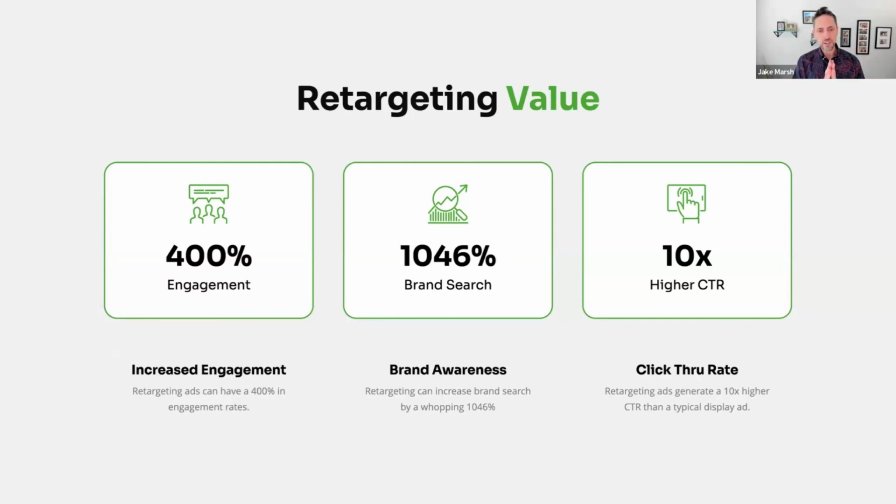Brand search, we see over 1,000% increase in brand searches, meaning people searching for a brand. That is a great way to get awareness in your market. Click-through rate also goes up 10 times higher. Click-through rate, meaning they've already seen you, they see you a couple more times, they're more likely to click and take action now. So significant value in the retargeting ads.